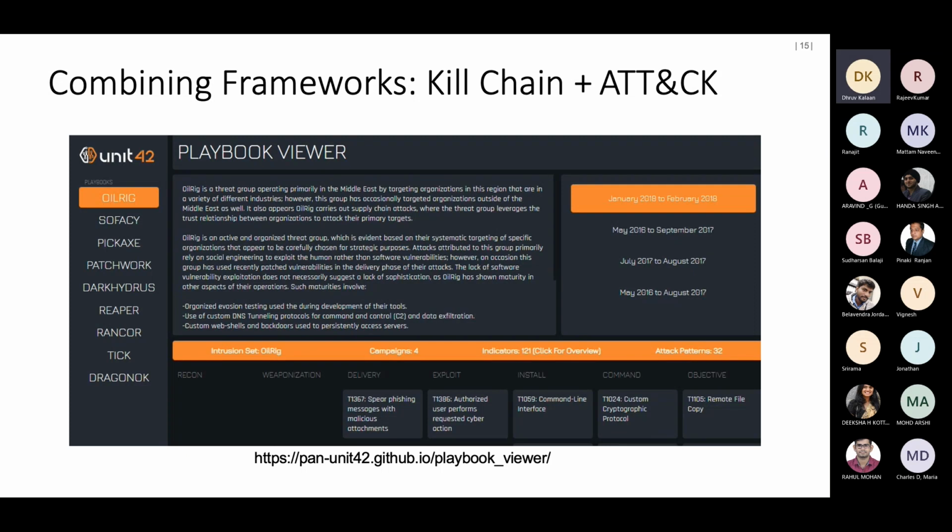there are a lot of open source ways of looking at information in terms of frameworks, and some companies like Palo Alto also publish this publicly. A lot of you must have used this, I don't know, but there are a lot of playbooks that have been defined in terms of the frameworks that we just spoke about.